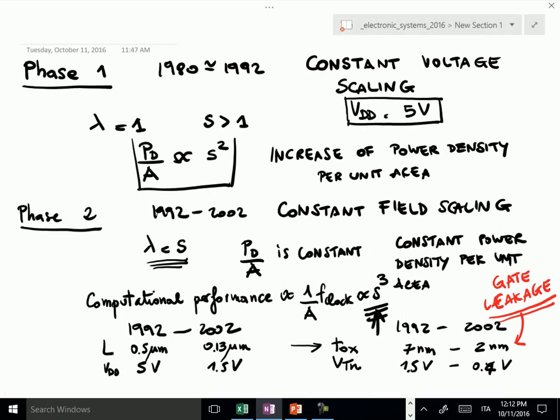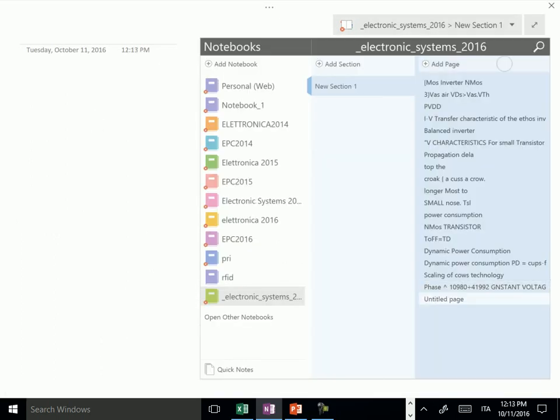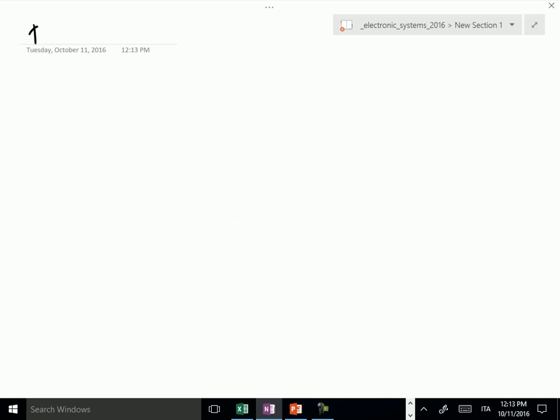Okay, so phase 3 is the phase in which we are now. Phase 3: almost stopped, not exactly stopped because we have a decrease, but it's really slow. Stop the scaling, almost stopped voltage scaling.